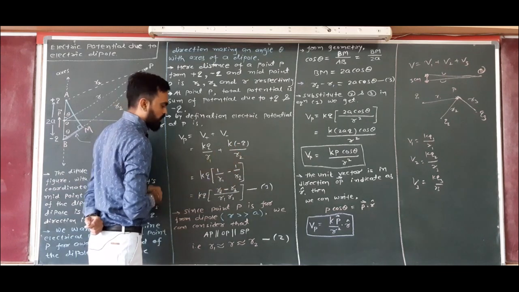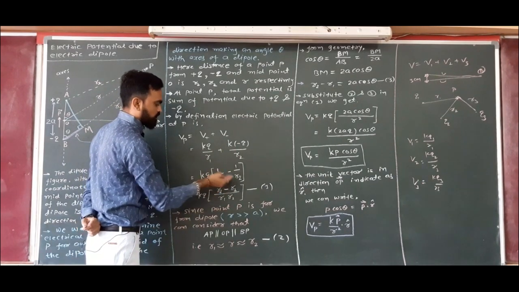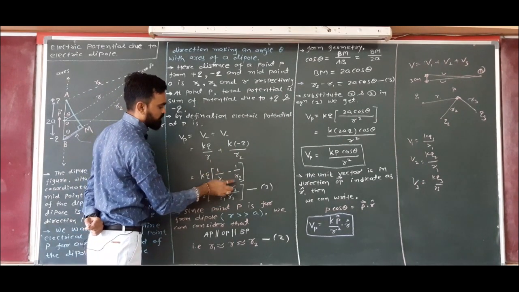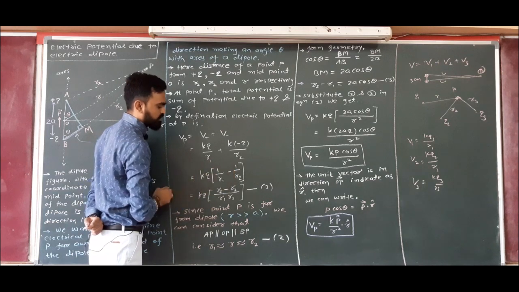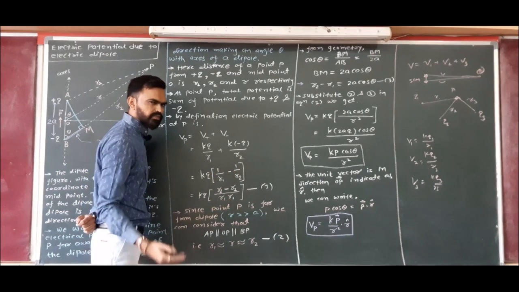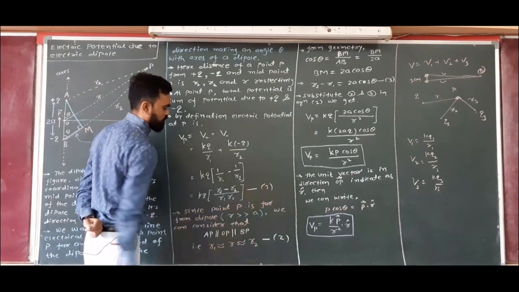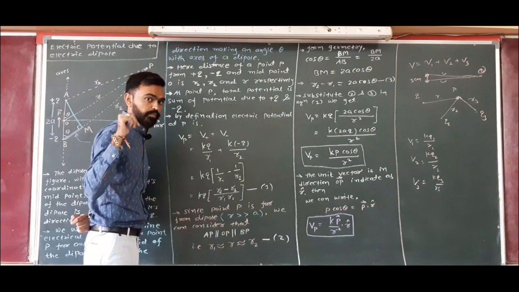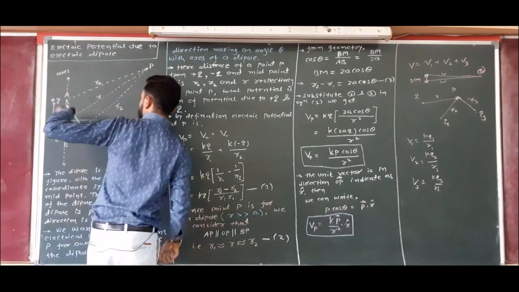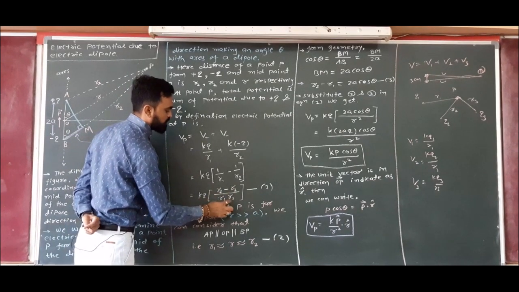Now simplify again. Take the LCM, cross multiply: R2 minus R1, and in the denominator the multiplication R1 into R2. Say this is equation number 1. Our potential at P due to this dipole is KQ (R2 minus R1) upon R1 into R2.